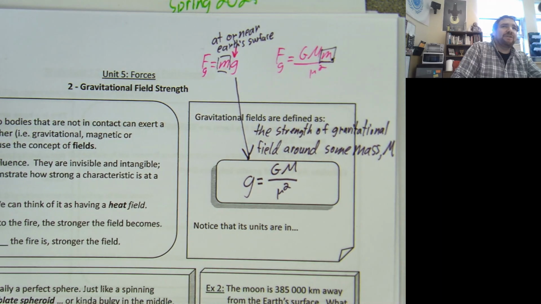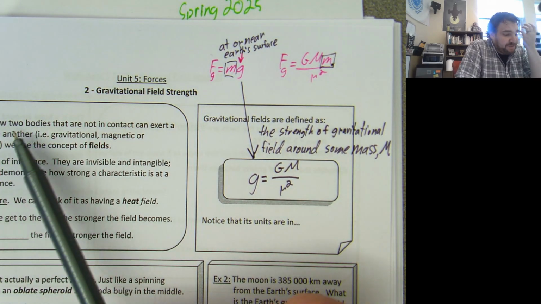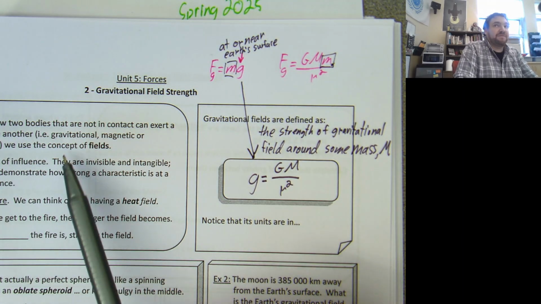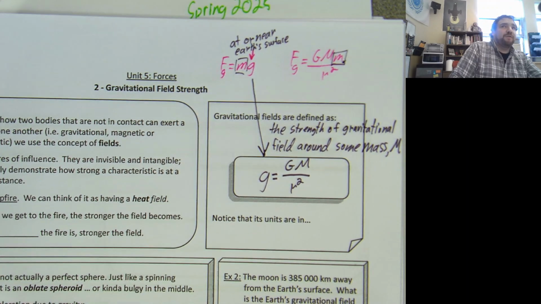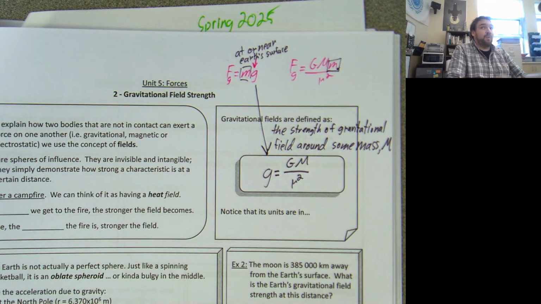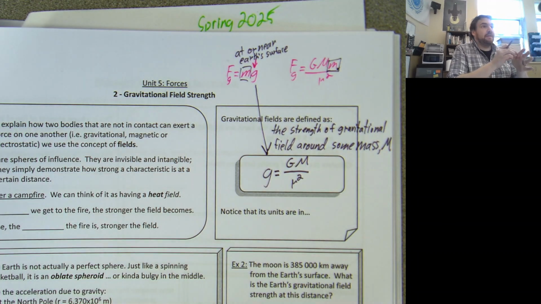And the idea that I use to help this make sense is this over here. To help explain how two bodies that are not in contact can exert a force on one another, we use the concept of fields. There are a few fields that you're going to talk about if you go on and continue to study physics. This is the first one: the idea that masses have gravity or create a gravitational field around them.